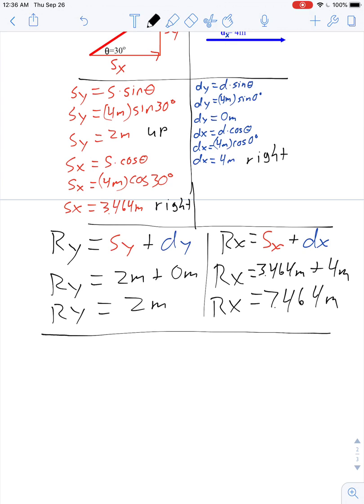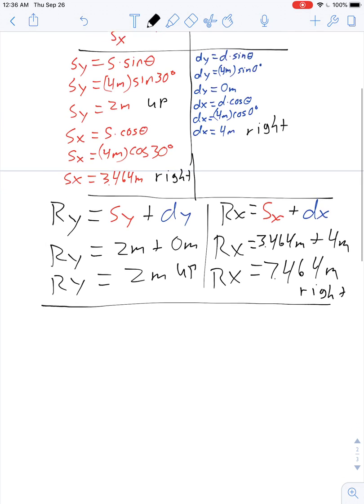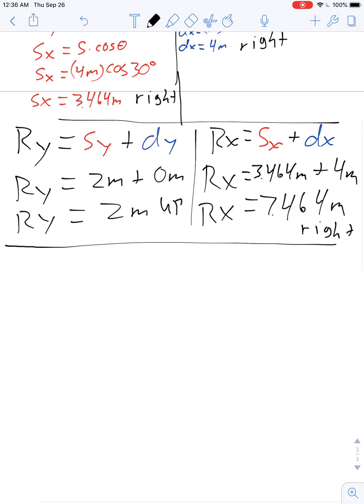Okay, once I have these pieces, the next step, and this is an important one, so don't skip this, is I'm going to draw a picture. Because Ry is a positive number, that means that Ry points up, and because Rx is a positive number, that means it points to the right. 7.464 meters is a lot bigger than 2 meters, almost 4 times the size. I'm not going to measure per se, but I do want to make a diagram that is roughly scaled, so that we can get an accurate picture of what's really going on here. So I'm just going to make a pretty big horizontal arrow for Rx.